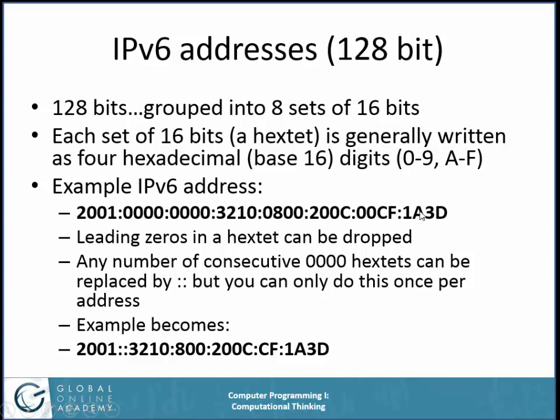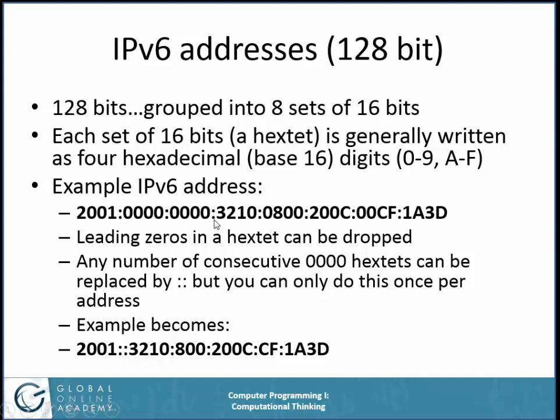IPv6 address. But sometimes there's a lot of zeros in there. So to make it easier for humans to understand, leading zeros in a hextet can be dropped. So 0800 I could just write as 800. 00CF I could just write as CF. And any number of consecutive 0000 hextets could be replaced just by 2 sets of colons. But you can only do this once per address. So this 00000000, I could just drop that out and leave this colon and this colon.